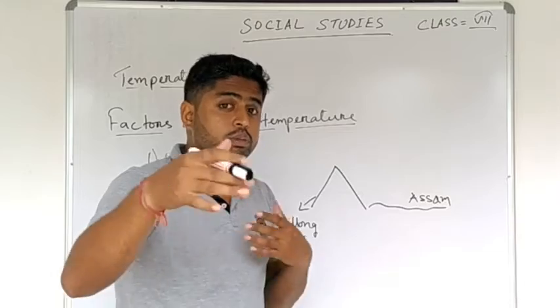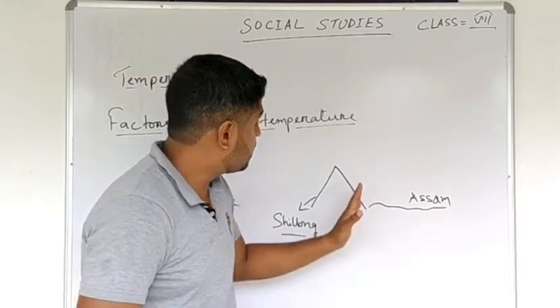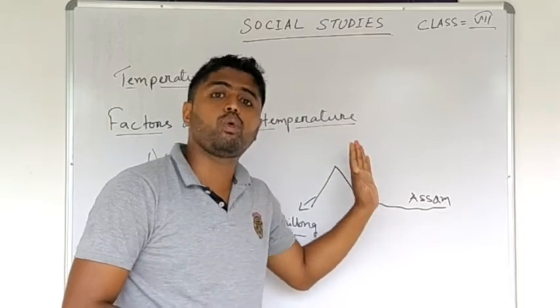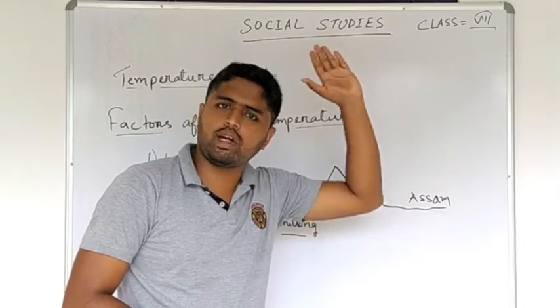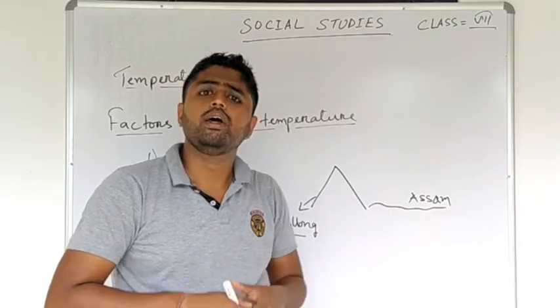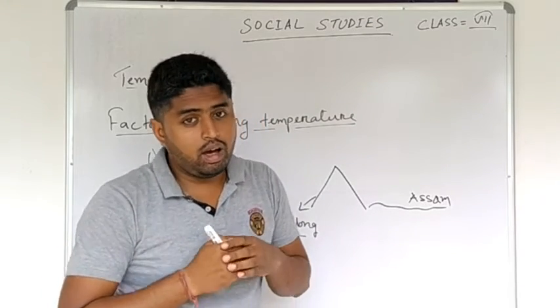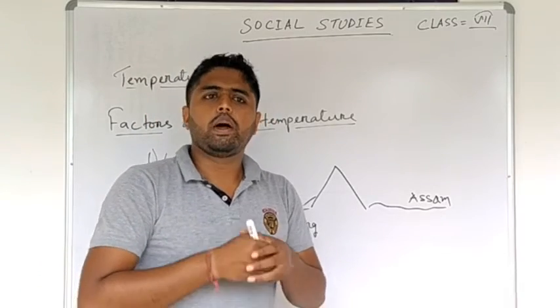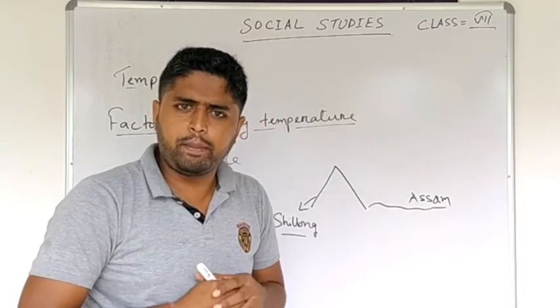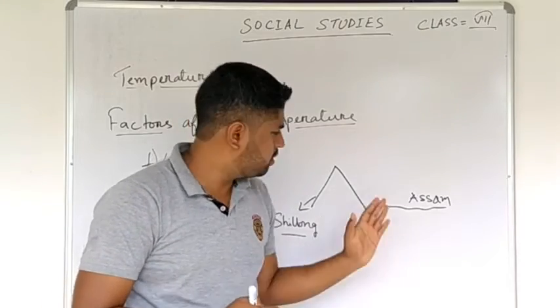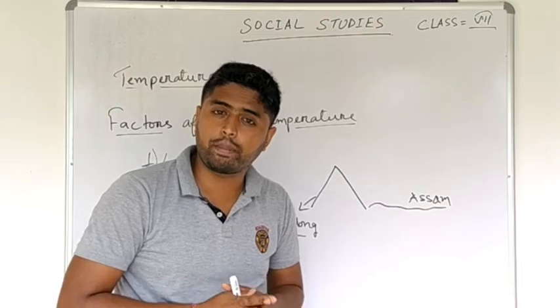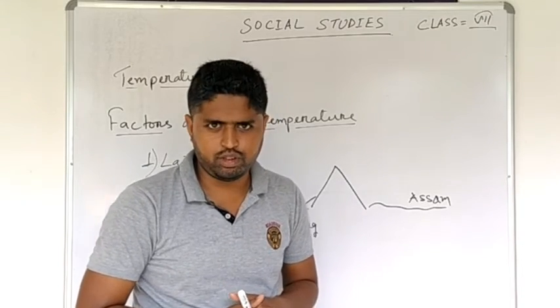As I have explained in my previous videos, as soon as you rise from the land surface, the more you go upward towards the atmosphere, towards the sky, you will face a temperature drop. The temperature will start dropping per 165 meters. If you go upward 165 meters, the temperature will drop by 1 degree Celsius.